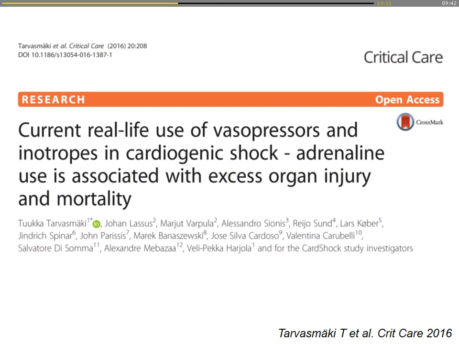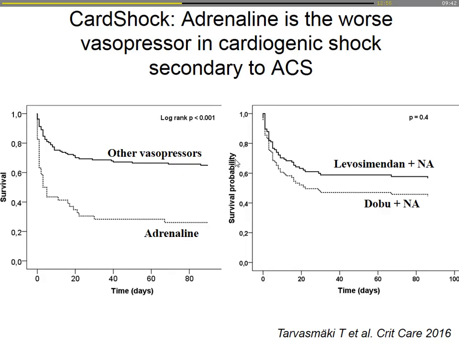And this is an analysis of the CardShock cohort that I presented earlier, again, 9 countries in Europe. And the data I'm going to present here are, again, cardiogenic shock only related to myocardial infarction.